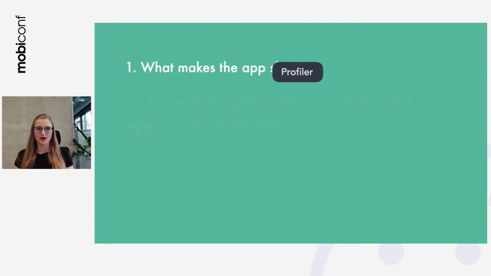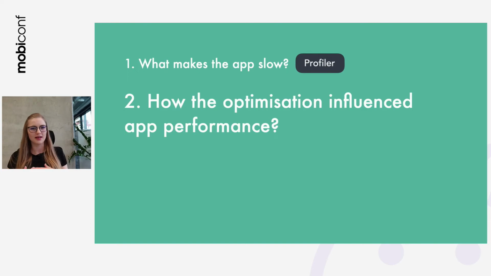Okay, so let's say we found what makes our feature slow, and we introduced some optimization, and now want to find out how this optimization affected our performance. So this time we need a bit more accurate results because we want to make sure our change made sense.